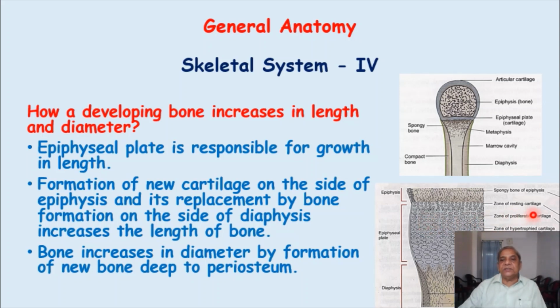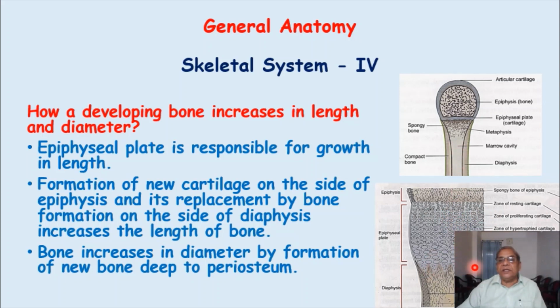This is the zone of resting cartilage, then the zone of proliferating cartilage, then the zone of hypertrophied cartilage, and ultimately the last zone in the epiphyseal plate is the zone of calcified cartilage. On the epiphyseal surface, the chondrocytes are multiplying and increasing towards the end.